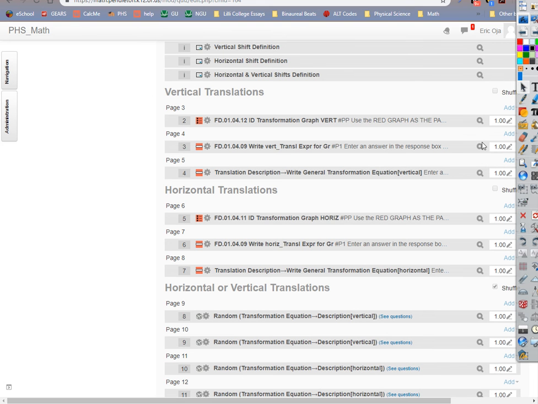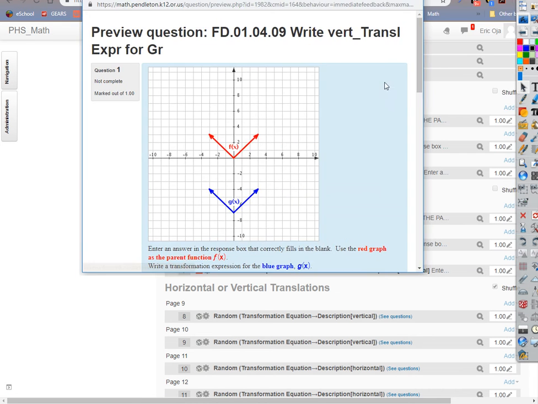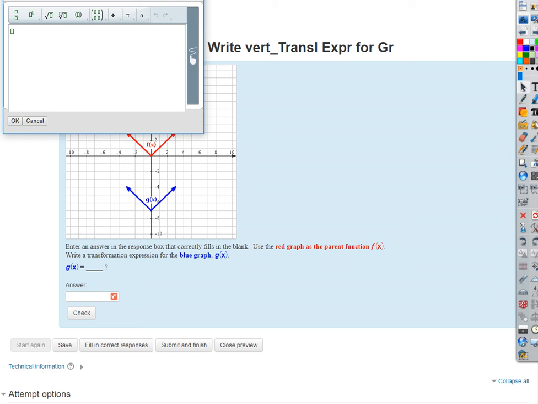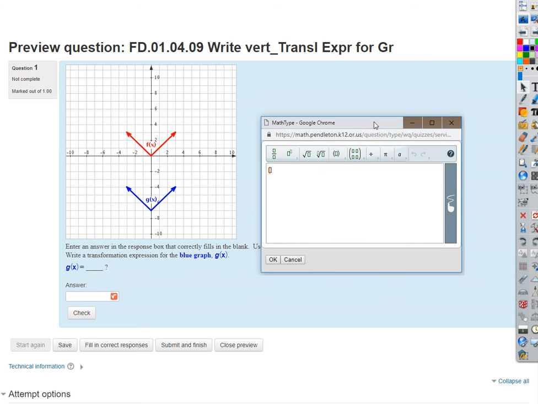So things like this. If I want to write g of x as a function of f of x, what do I do here?